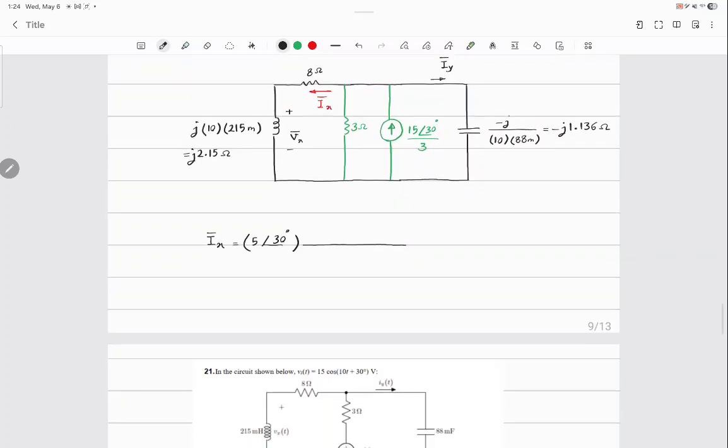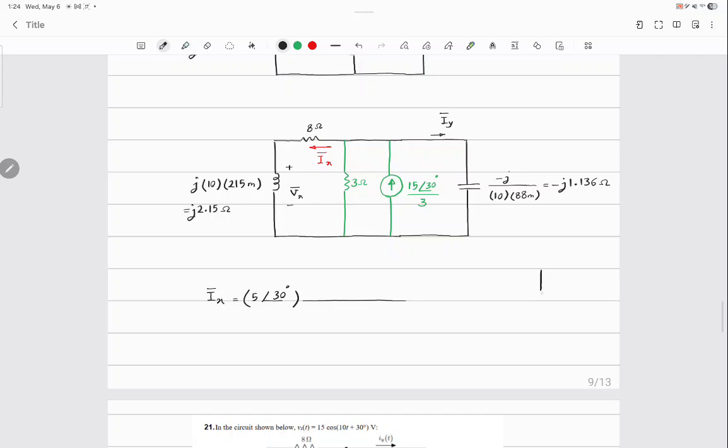If you have a problem with that, just think of this: R1, R2, R3, IS. How do you do current division if you want to find I1?